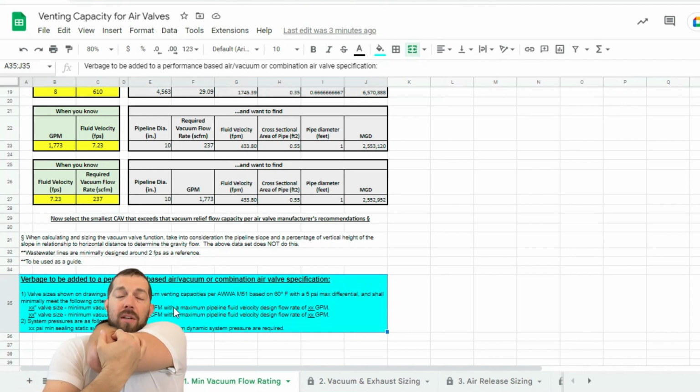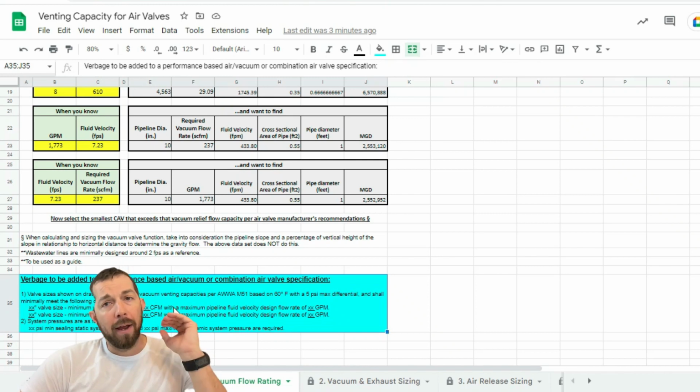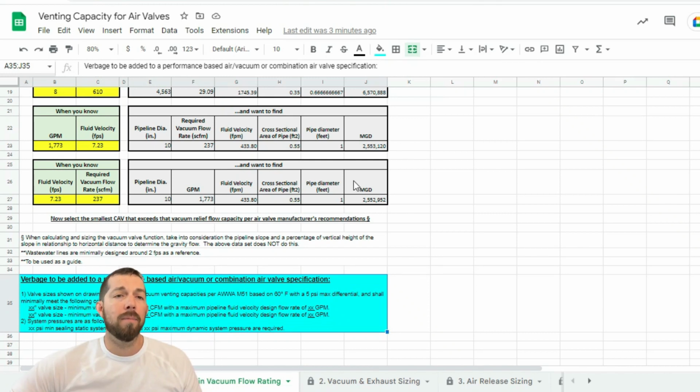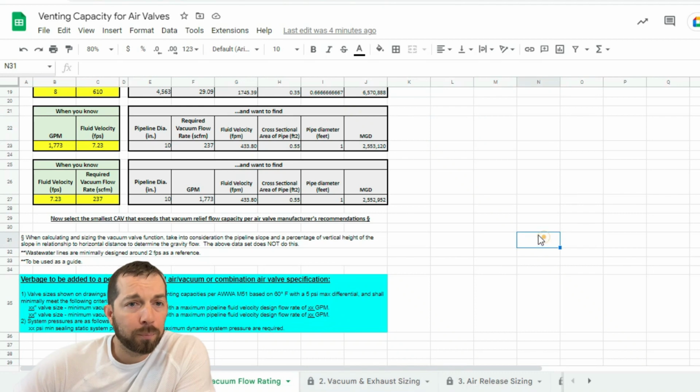Come up with the sizes that you have in your piping systems, and just say, hey, we want all our air valves to flow this SCFM, and that is the go-to for everybody. So when you go out for procurement, you are going to get an air valve that works for your condition specifically, based around the performance-based spec.